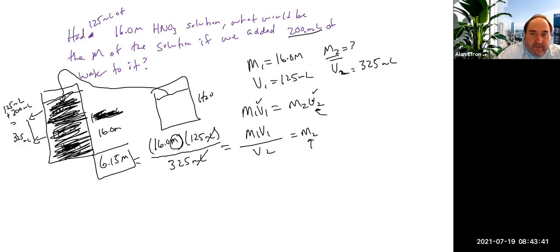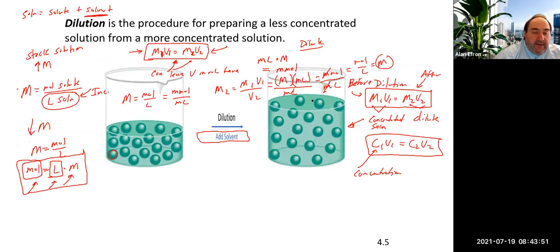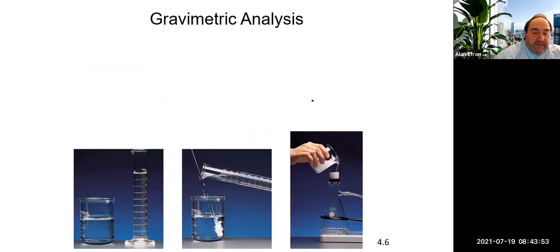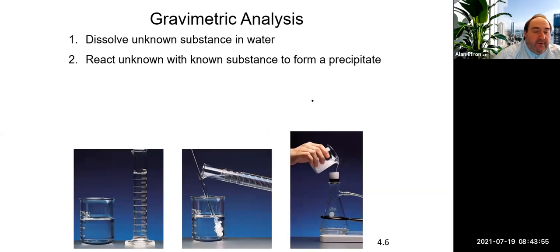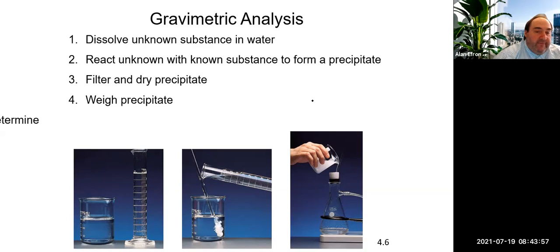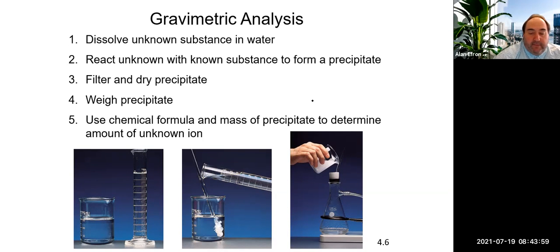Okay, so now we talked about molarity, concentration, and we talked about dilution. We're going to put those together here and talk about a couple of things. We're talking about some other stoichiometry type problems and procedures where stoichiometry does come into play.